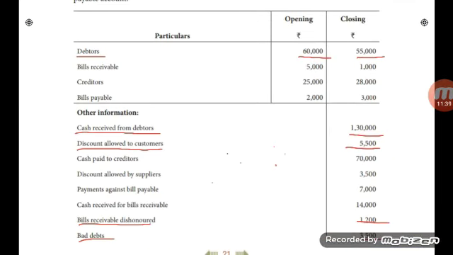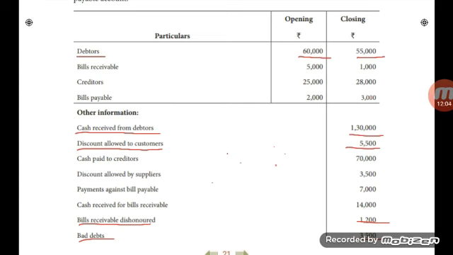Debtors opening balance is 60,000, closing balance is 55,000. Note the items affecting debtors: cash received from debtors, discount allowed to customers, bills receivable dishonoured, bad debts, and one item you should take from the bills receivable account balancing figure.